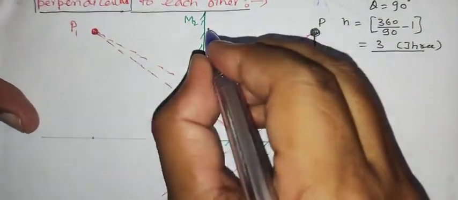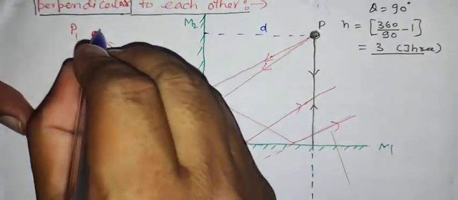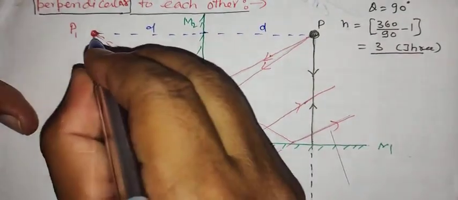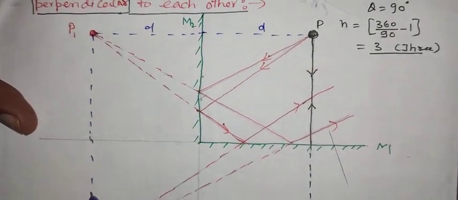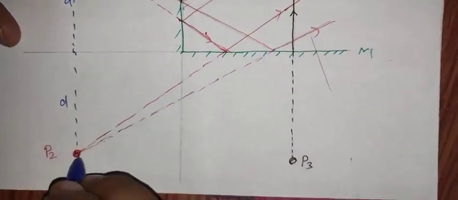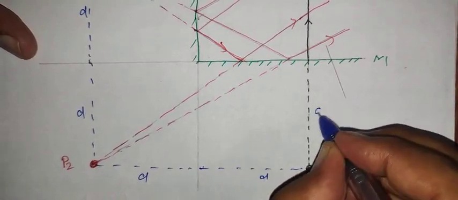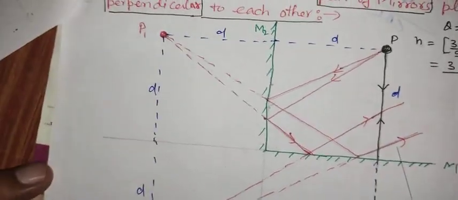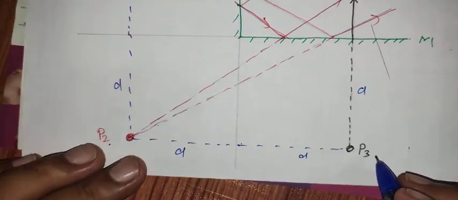When we see the object distance from mirror M2, if it is D, then the first image is formed at the same distance D. From here to here D, this also D, again D, D, D. So this is the object, the first image P1, the second image P2 and the third image P3.